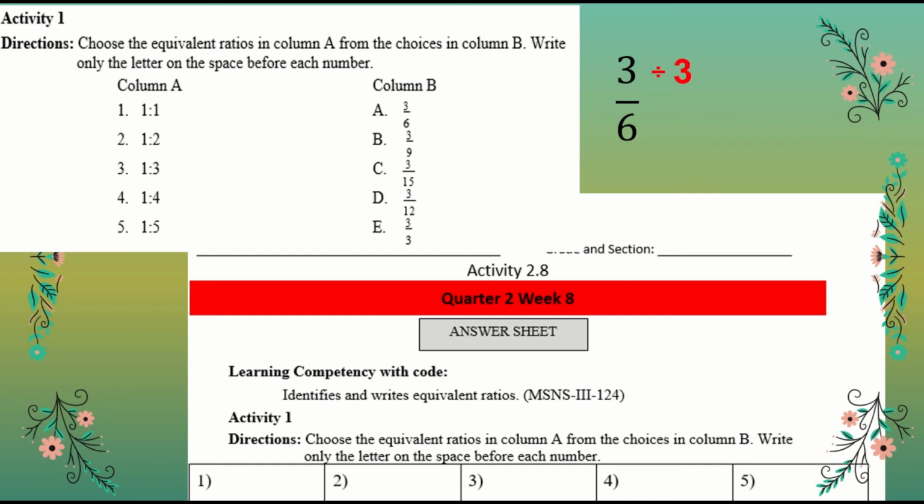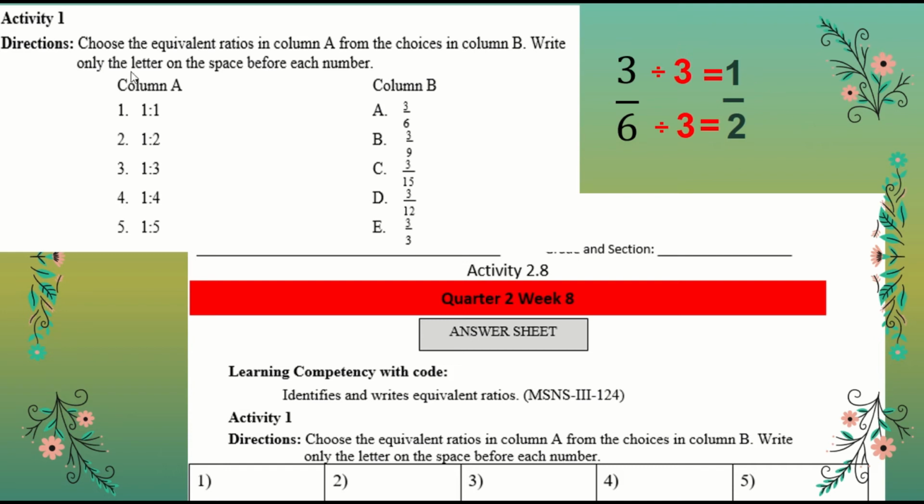So, ilo-lowest term lang natin. Ito yung pinili natin kasi yung sa choices, kasi ito hindi naka-lowest term. So, mas mainam, isolve nyo muna lahat to. I-lowest term nyo muna, para malaman nyo kung alin ay equivalent niya. So, divided by 3, we have 1/2.